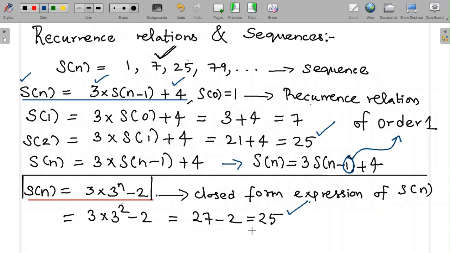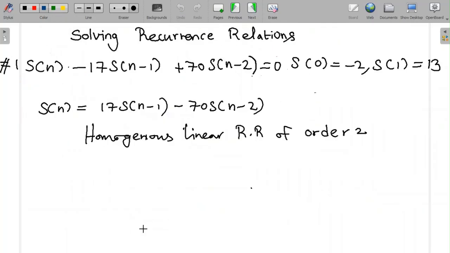Such an expression is what we call a closed form expression. So throughout this video lesson, we'll focus on how to solve a given recurrence relation and obtain its closed form expression.